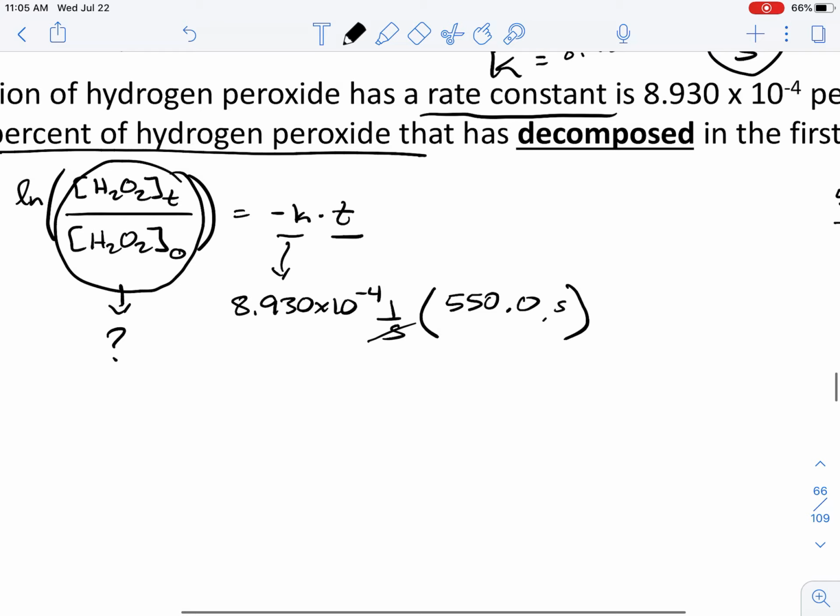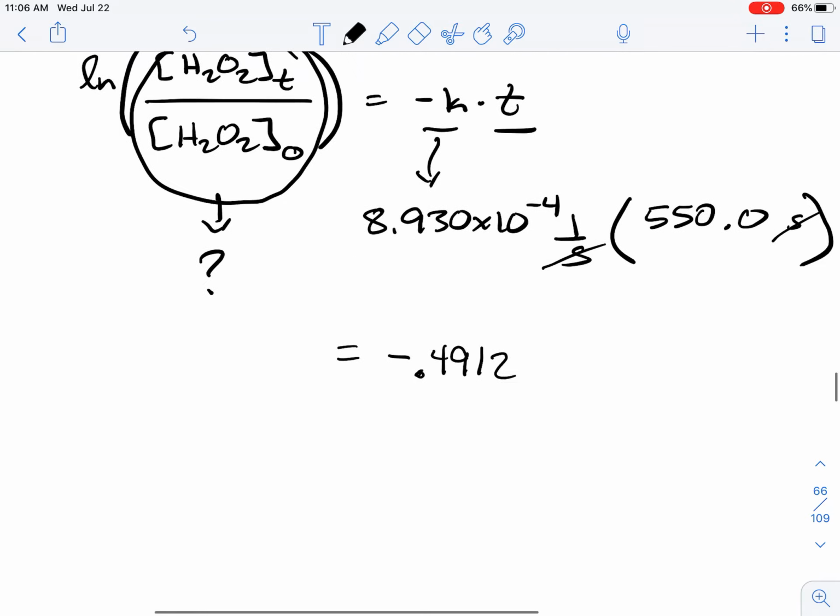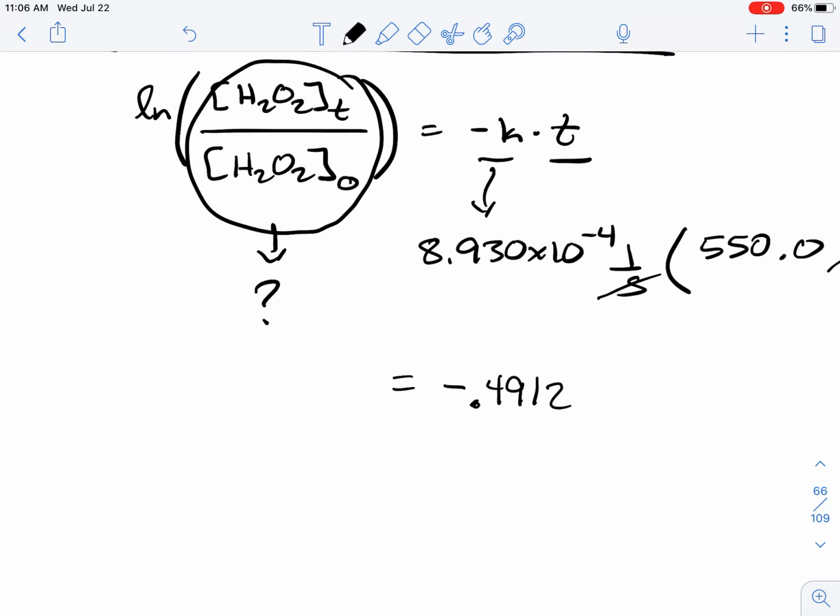And so if you multiply both of these two, the second unit will cancel out, so the term becomes unitless. And what we get is simply negative 0.4912. And so this answer is unitless. And so that's going to give us the natural log of this whole thing.